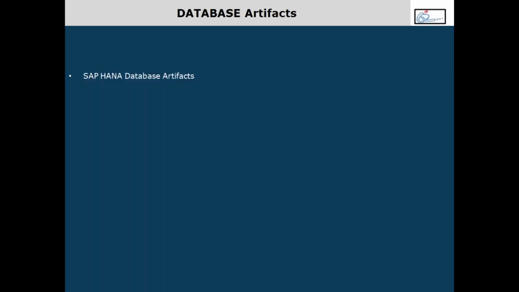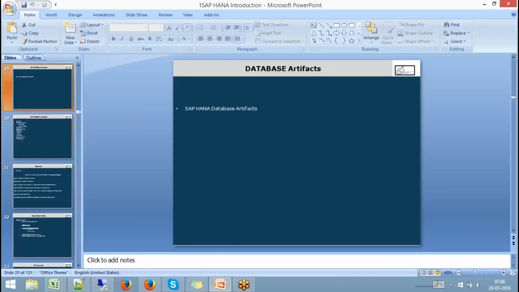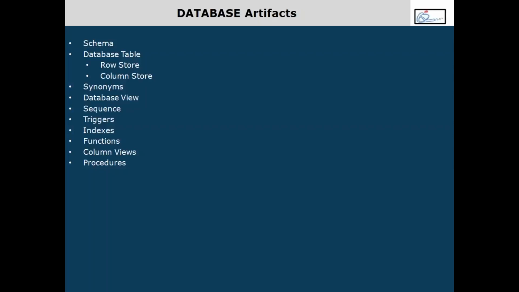Okay. So now we're going to focus on the database. Okay. So basically, when you say a database, you're going to deal with all the database artifacts like schema, tables, synonyms, database views, triggers, all this stuff.